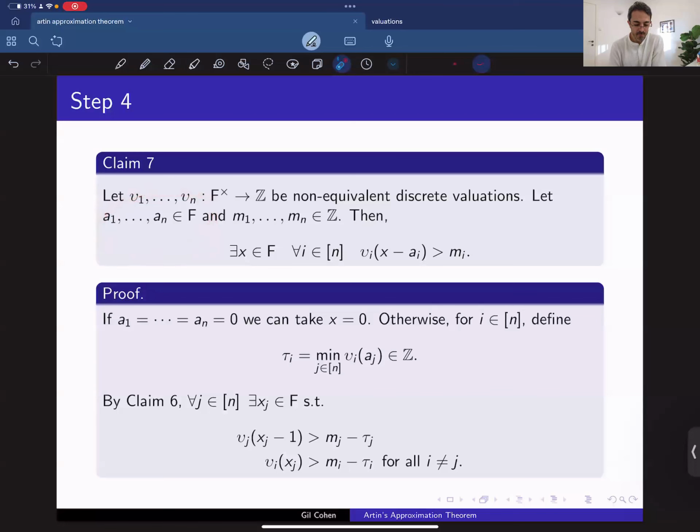And you're given n functions and n prescribed valuation bounds. What you want to prove is that there exists a field element x such that with respect to any of the valuations, x is close to the ith function, how close according to the ith prescribed value. Okay, so again, equality here would mean that we have proved the theorem.